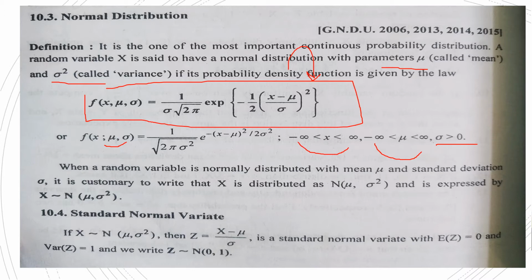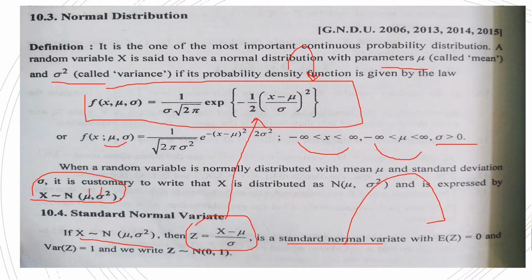Generally, we write X as N(mu, sigma square). This is the way to write a normally distributed variable: if X is a normally distributed variable, we write N with mean mu and variance sigma square. If we take the substitution z is equal to x minus mu upon sigma, this variable X changes into a standard normal variate with mean 0 and variance equal to 1.